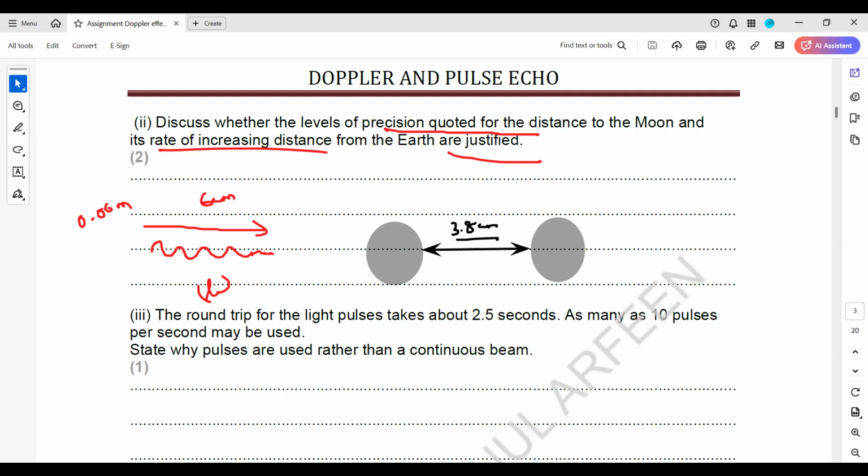Why? Because the pulse length is 6 centimeters, which is longer than the distance moved by the moon. So it cannot be determined precisely. The pulse length should be smaller than 3.8 centimeters to determine this distance precisely.